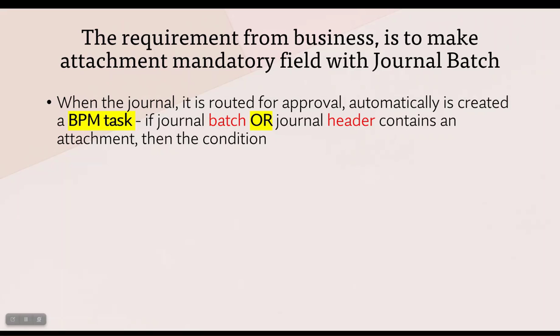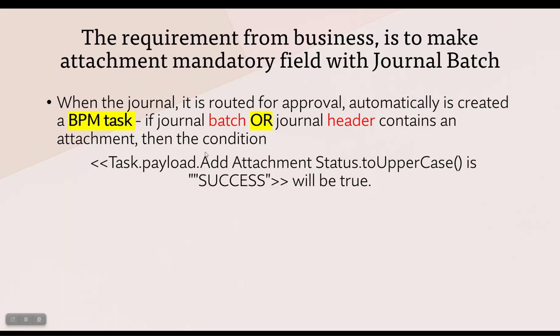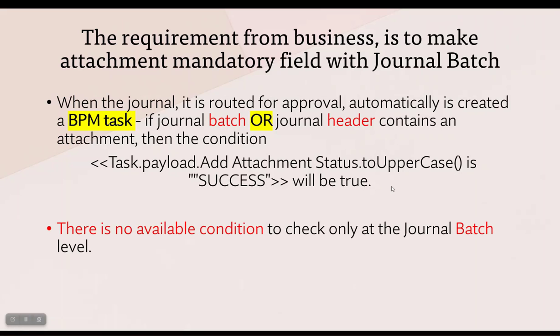If you create a BPM task, the journal batch attachment does not work, so you have to build your journal approval rule based on the journal header attachment. Like this condition: task payload attachment status, uppercase SUCCESS. There is no available condition to check only at journal batch level.